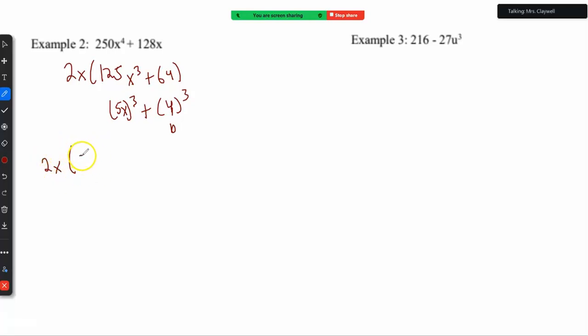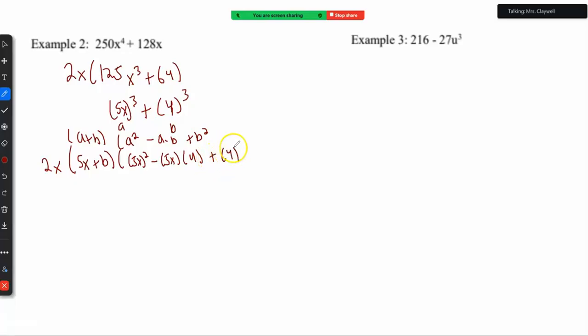So I'm going to use my A plus B, A squared, minus my A times B plus my B squared.